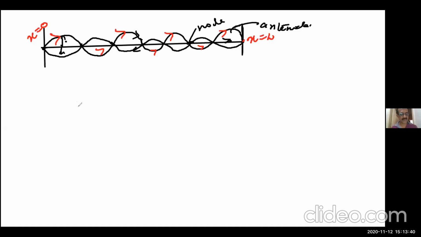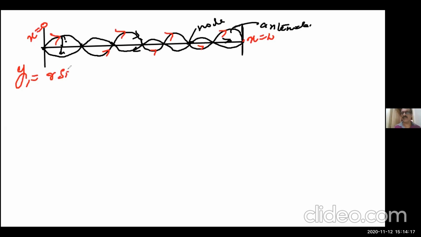Then the displacement for this progressive wave can be written as y1 is equal to, instead of a sine, I'm writing r sine. I'm using r because I'm going to use a again later on.